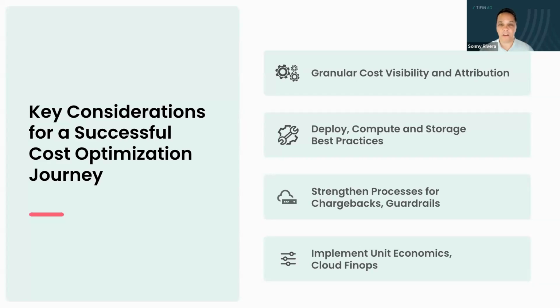Or how much did it cost me to acquire a customer? So think about the unit economics about what you're doing, not just the hard number that like, hey, my bill is X and I need to decrease it by Y. You want to make sure that you're understanding, is the cost per transaction, the cost per customer, is that going down? So that's an important point there.